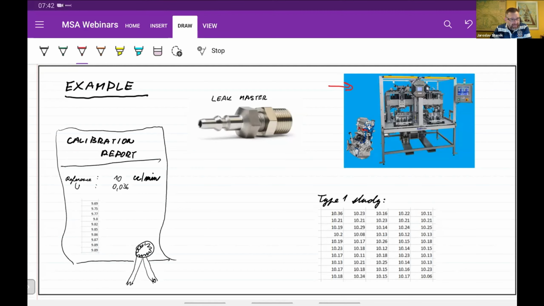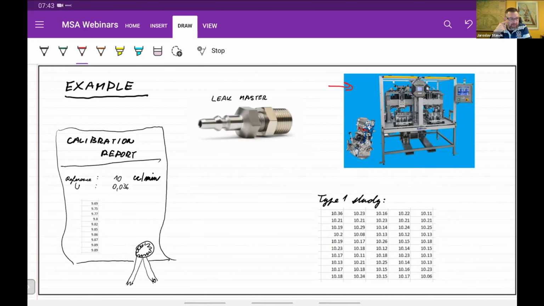But what we are lacking is the reference to the master value. Like if we measure 9.8 cubic centimeters per minute, is it really 9.8? Is that component of the measuring machine precise, in the sense that it really measures on the scale with the correct units, with the units it displays, or is it just repeatable?